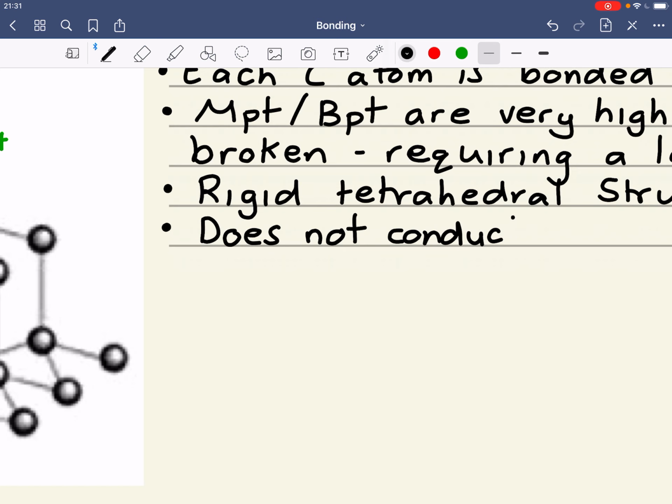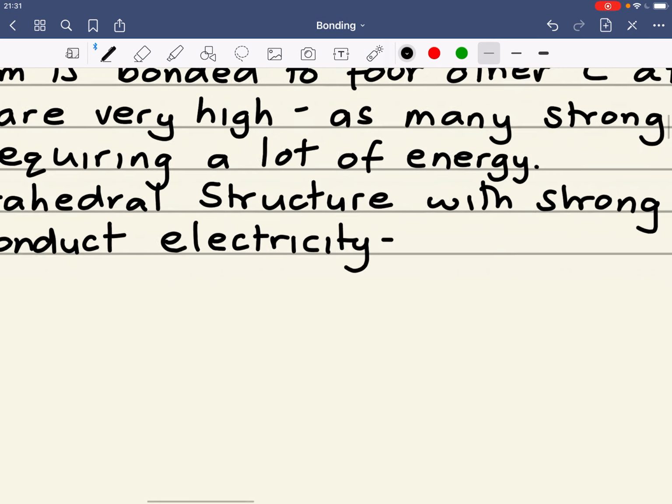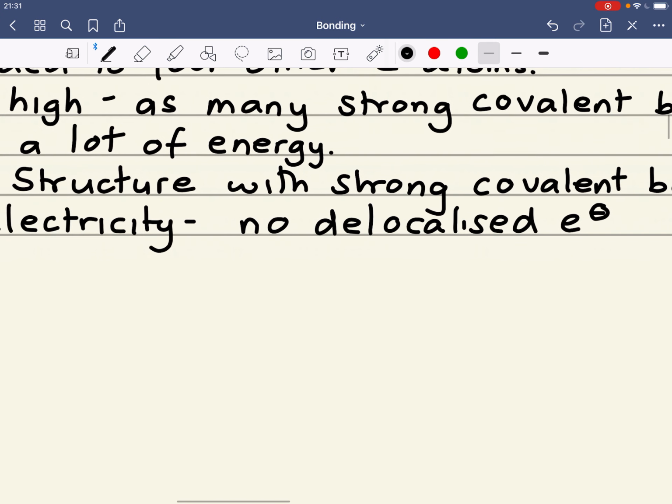That is because there are no delocalized electrons. We could say then that all the electrons are involved in bonding.